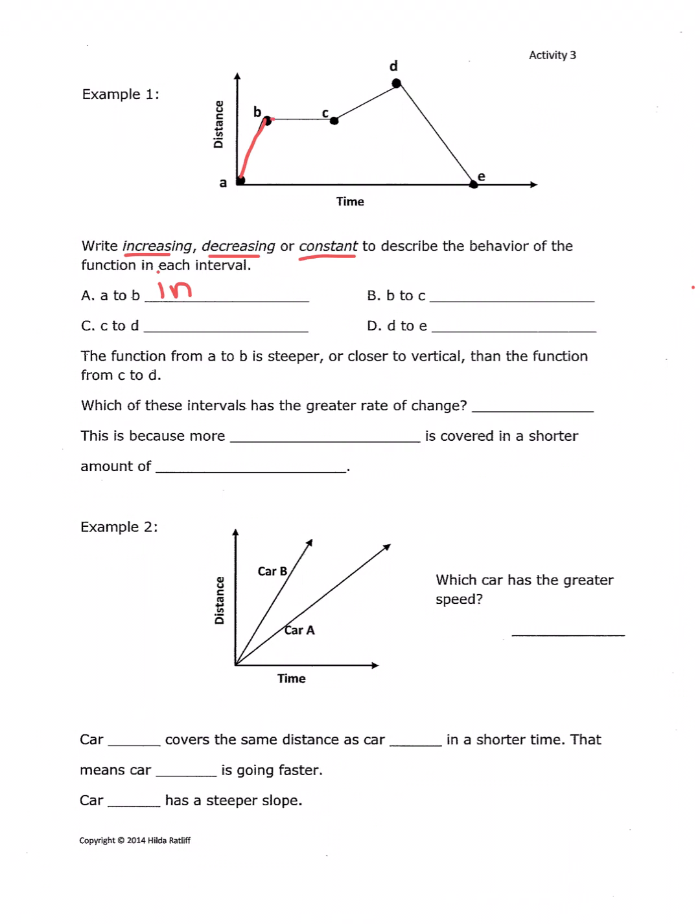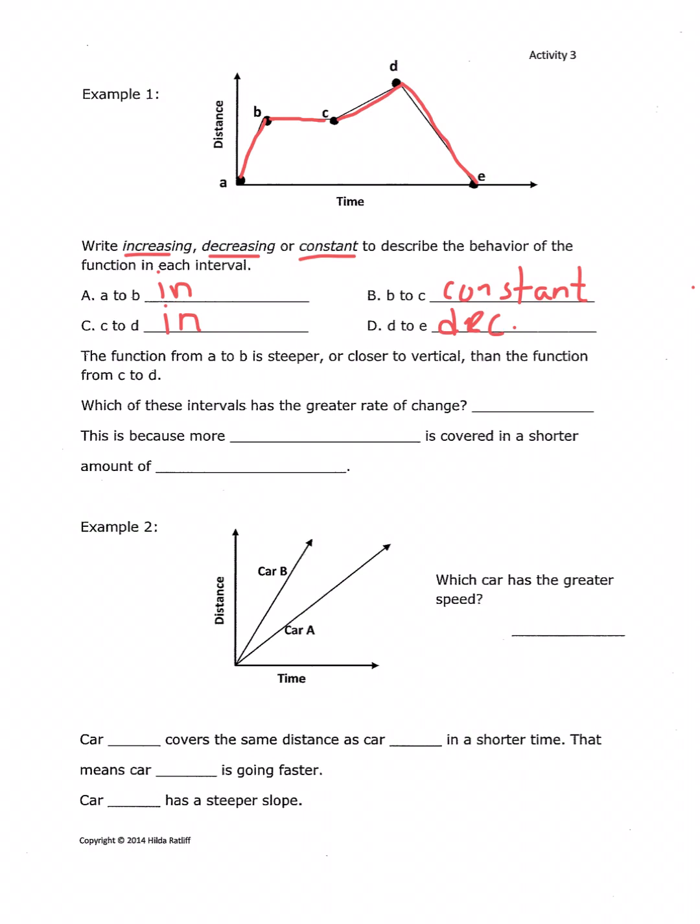From B to C, it's staying straight across, so I'm going to say it is constant. From C to D, again, we are increasing. And from D to E, notice we are decreasing because we are going down.